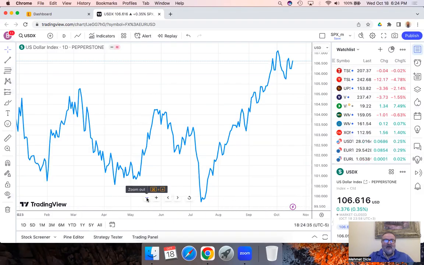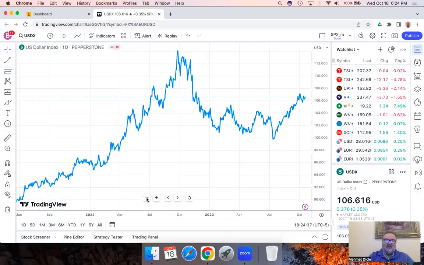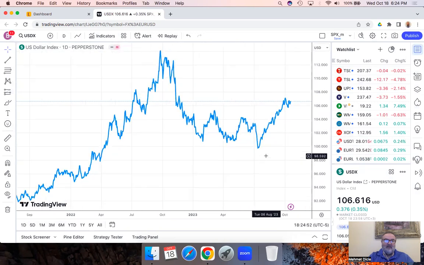So when the dollar loses value below 100, that means that it's simply a weak currency. When the currency goes above 100, then you are actually on a premium. So with respect to the current level, the index, the basket is right now at 106 and change. And notice how it has been increasing recently.